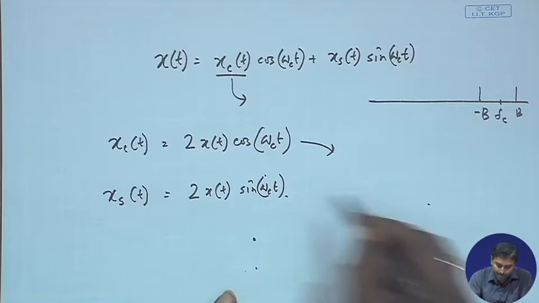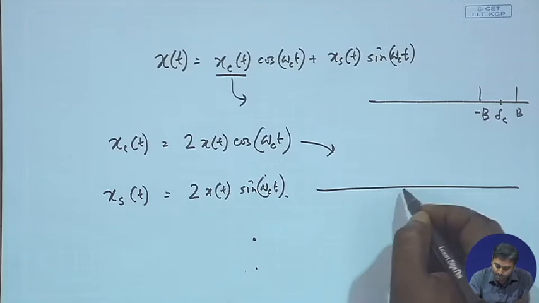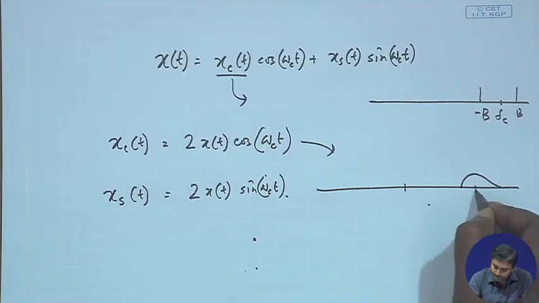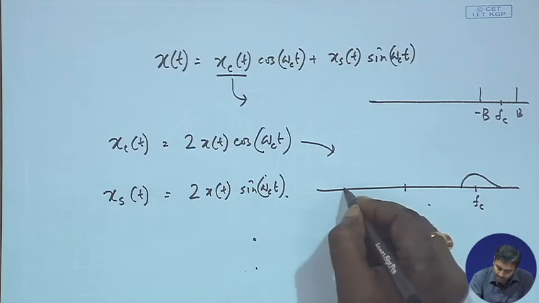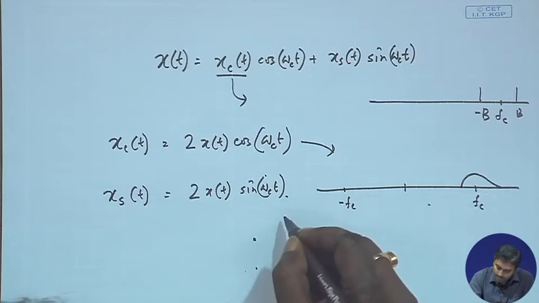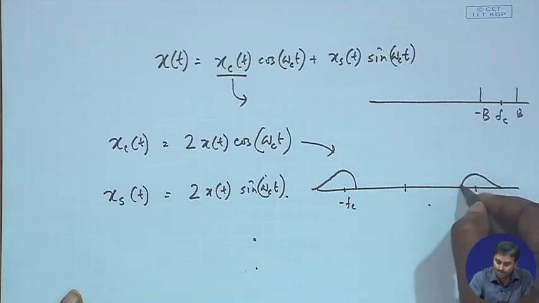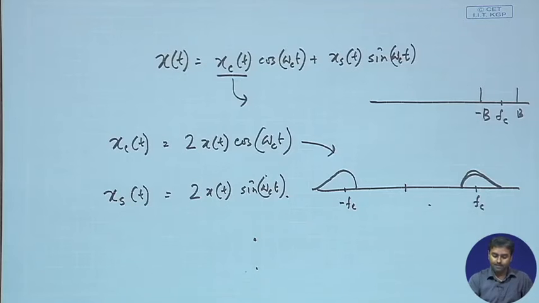So, let us first try to see this one. So, what happened, my x t, suppose that looks like something like this, let us say this is f c, it must be symmetric, so something like this. Okay.